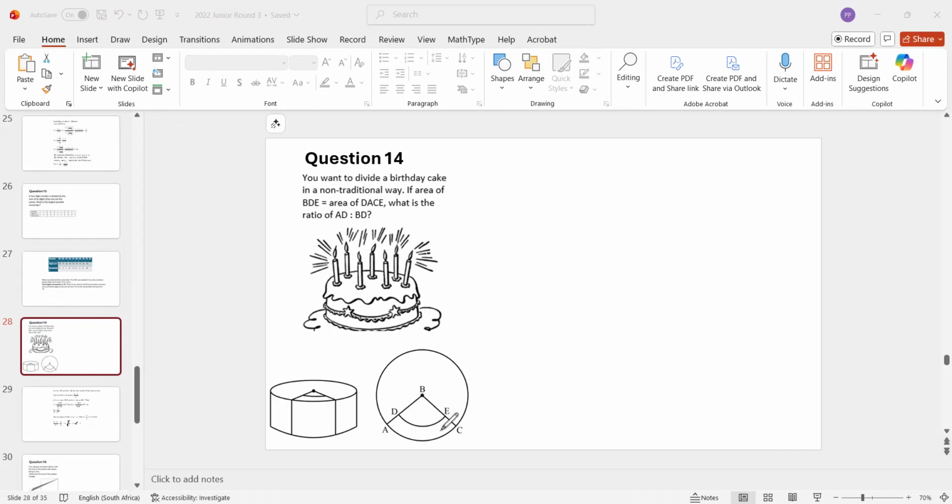Okay, you got a circular cut like this, and it says the area of BDE, this area, let's call it X, is the same as the area DACE. So this area here is also X. And the question is, what is the ratio of AD to BD?